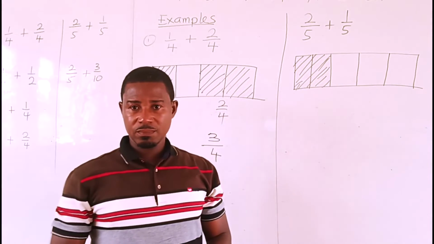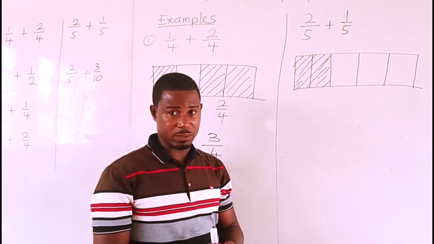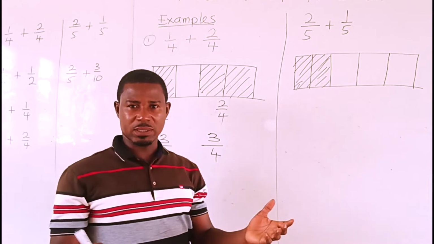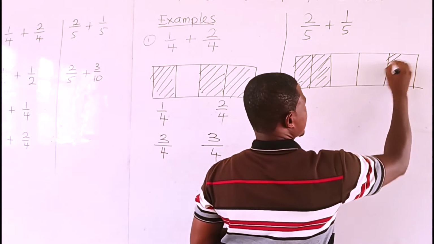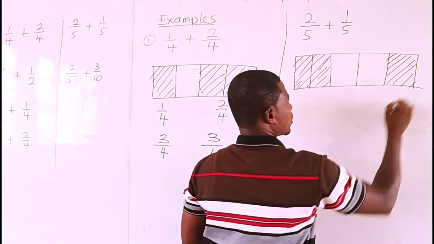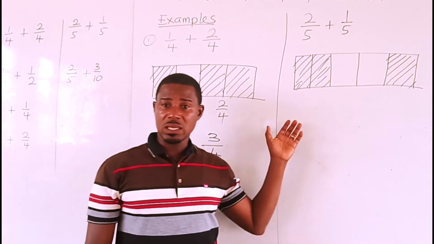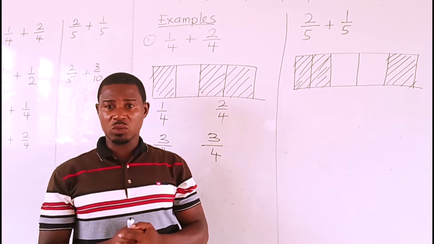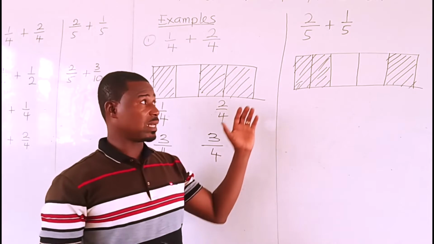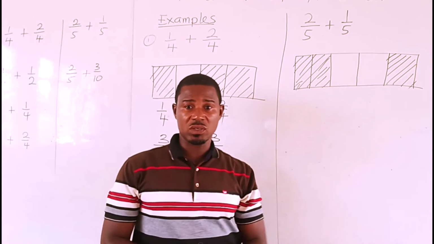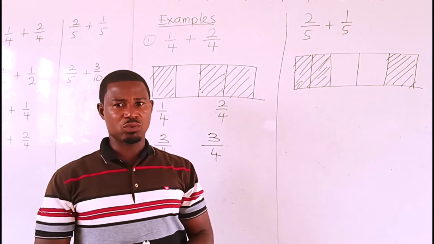Good. Having shaded this part, we will move on to the next one. The next one says 1/5. And so let's move to this part. Again, we are going to count the number of shaded portions, and that out of the number of divisions that we have will give us the answer to our problem.